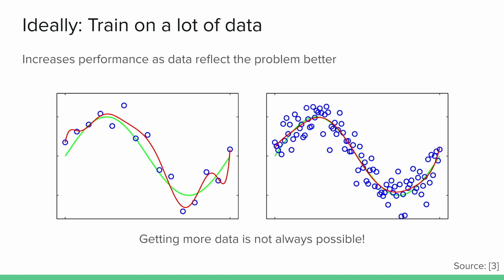We can approximate the underlying distribution to a higher degree. Unfortunately, getting more data is not always possible, or it might actually involve human suffering. If you think about data sets that contain pictures of people suffering from certain diseases or rare diseases, it can be very difficult to get more samples of them.